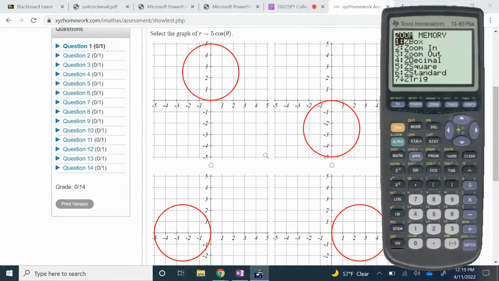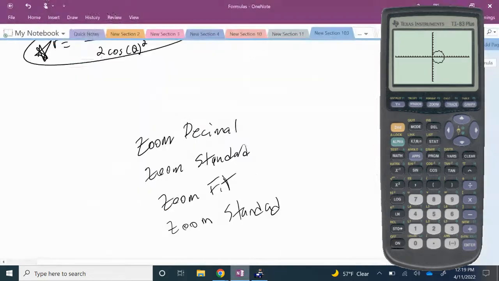I'm going to hit zoom 6. I'm always going to start with zoom 6. Next, I'm going to use zoom square. I'm sorry, that should be zoom square.